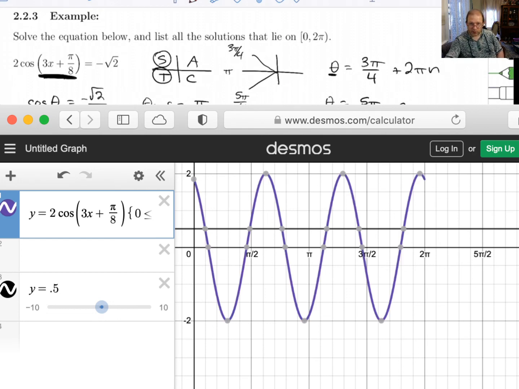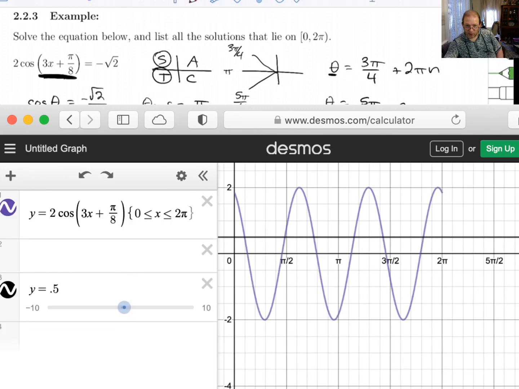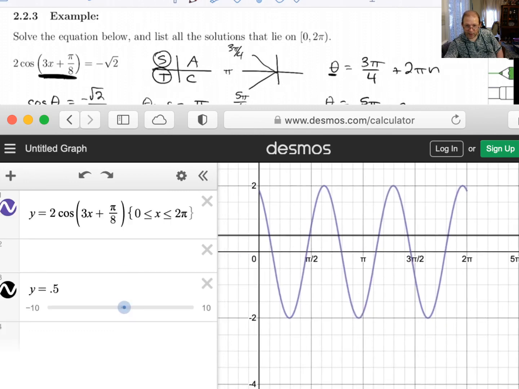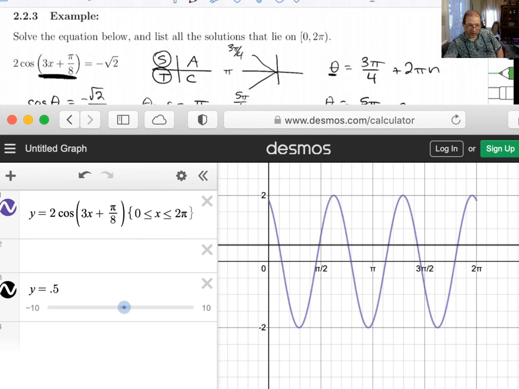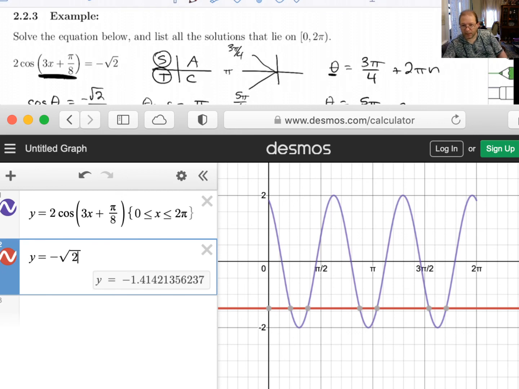And I've got that restricted to 0 to, well, I didn't mean to do that. There we go, from 0 to 2 pi. And let's see, what's that equal to? It's equal to square root of 2, or a negative square root of 2. So those are the solutions that we should have gotten.